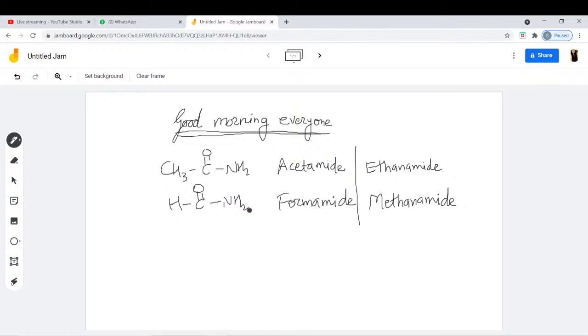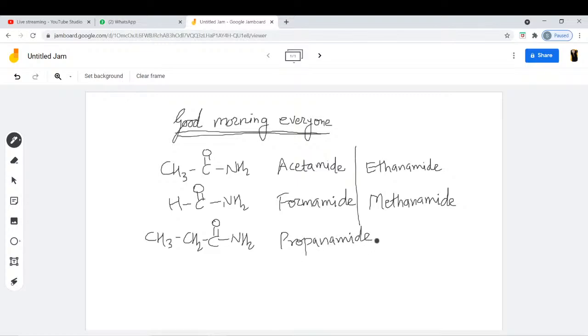If there are three carbons, as in CH3, CH2, then C double bond O and NH2, its name is propanamide, or propionamide.